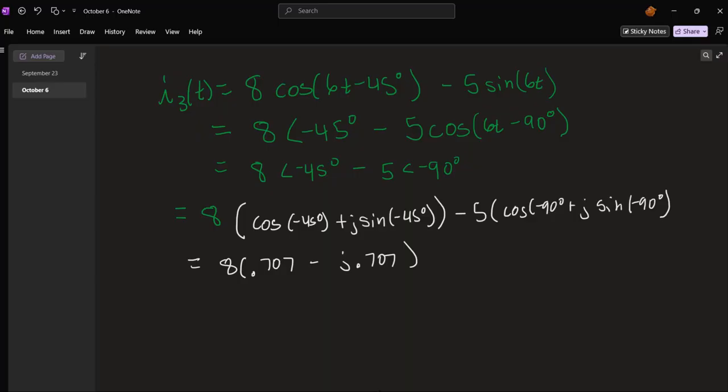If you remember from circuits 1, current division: if I have a current, I have R1 and R2. I1 goes through the first resistor and I2 goes through the second resistor. I1 equals I times R2 over R1 plus R2.